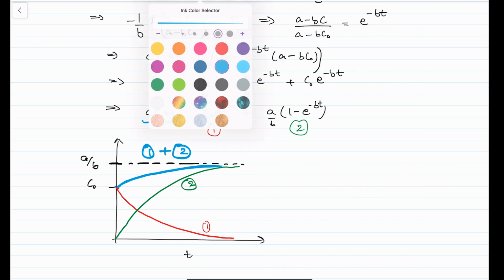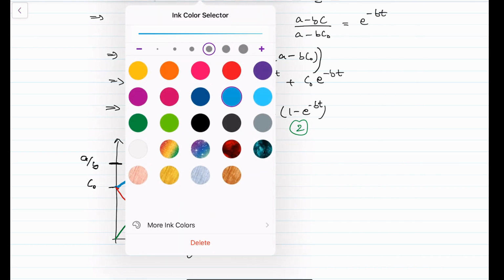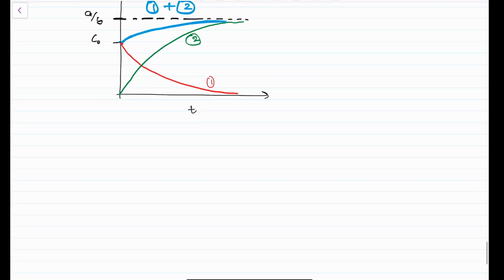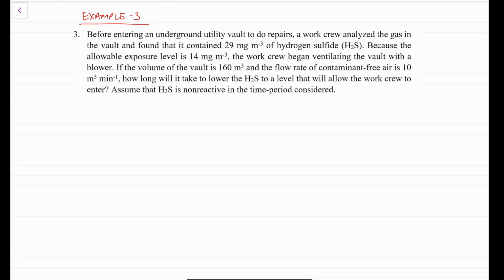Okay. Let's do an example now. Let's consider an example for mass balance with first order decay. Take a moment to read the problem, and then we will make a sketch or schematic of the problem.